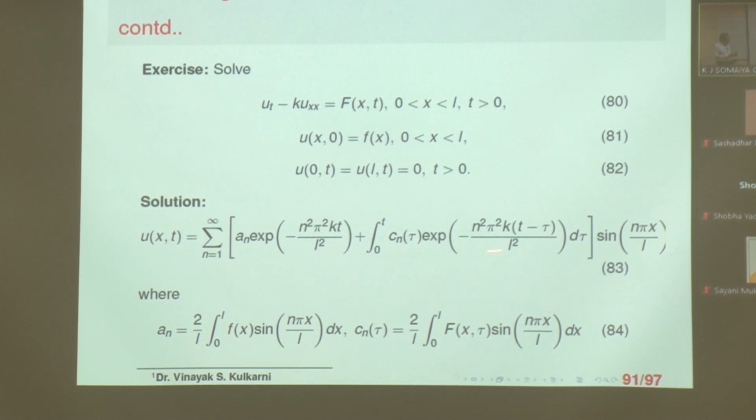Of course, the solution will contain an integral, we don't have any choice, and those integral terms may be removed once we choose a particular value of f of x. Then we'll get simple mathematical expressions. So this is another problem, a boundary value problem in a bounded domain, and the corresponding solution I have also mentioned. You can try this problem also.